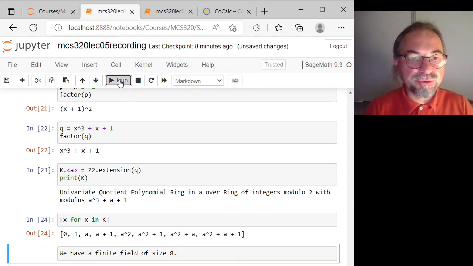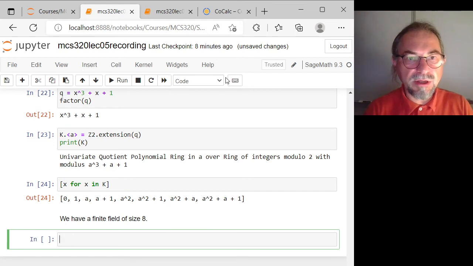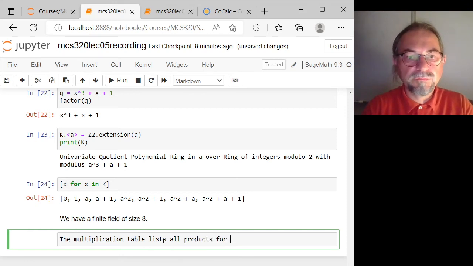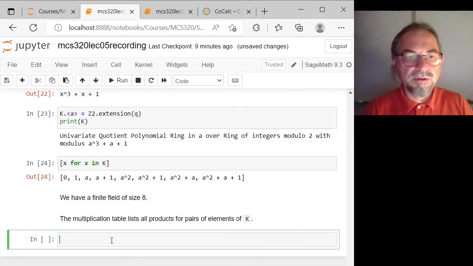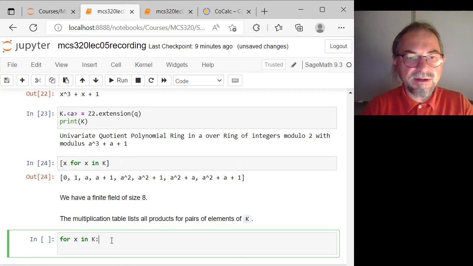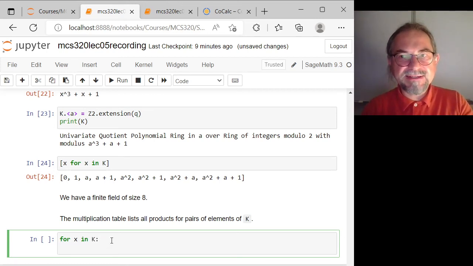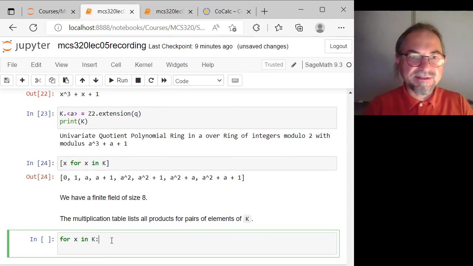Okay, so the last thing I need to show is the multiplication table. The multiplication table lists all products of pairs of elements of K. I do this with a for loop for all x in K. By the way, this x is not the x that is the symbol.